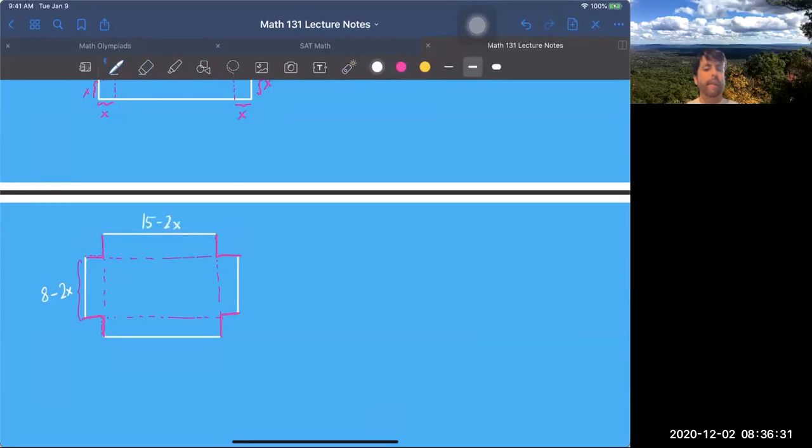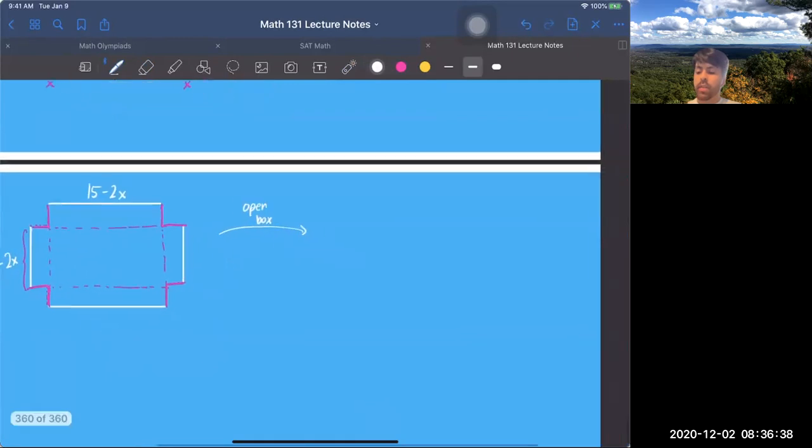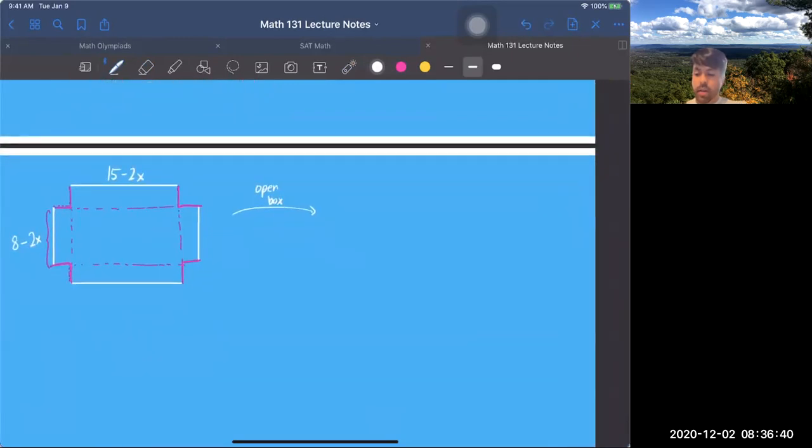Now we're talking. And now I want to create a box, an open box. So how is that going to look? We're testing our artistic abilities here, and as you can tell, I'm not the artist at all.